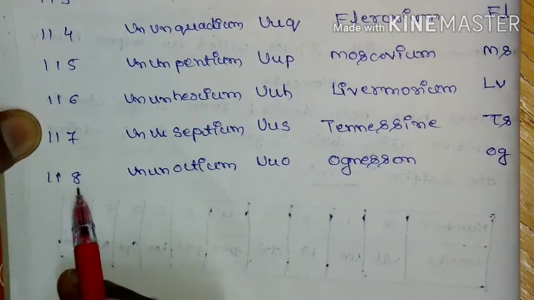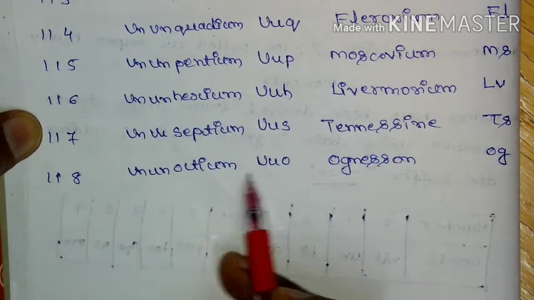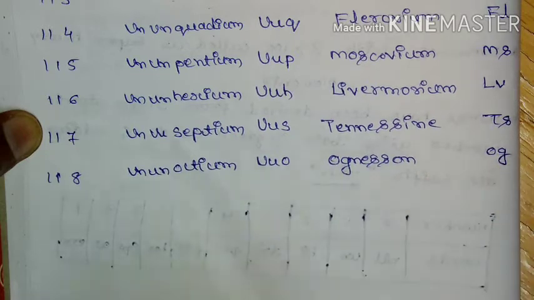And the 118th element is un, un, octium, Uuo, Oganesson, Og.